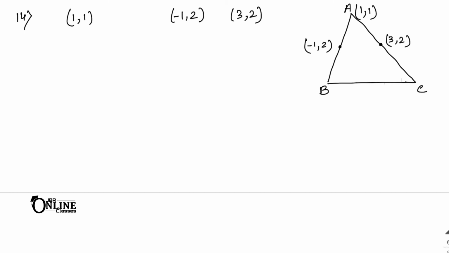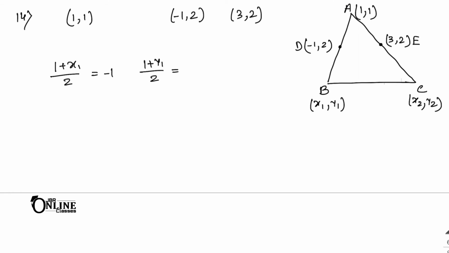Okay, so suppose here first one will be D and second one will be E. That means D is the midpoint of AB and E is the midpoint of what? AC. So as here B is (x1, y1) and here C is (x2, y2), then you know the formula. Here (1 plus x1) by 2 equal to -1 and (1 plus y1) by 2 equal to 2.